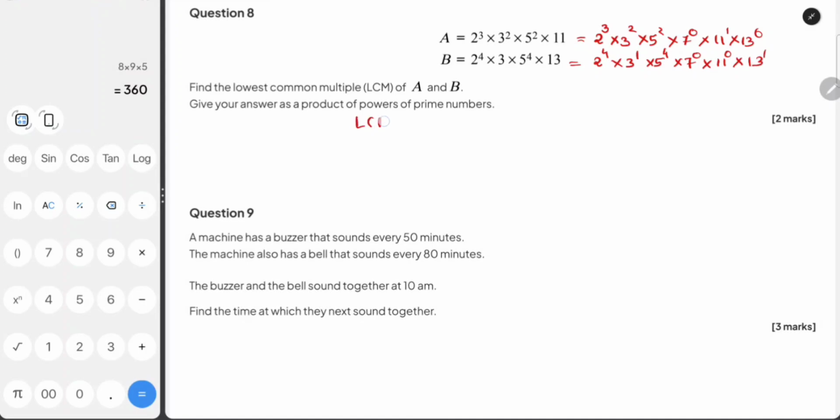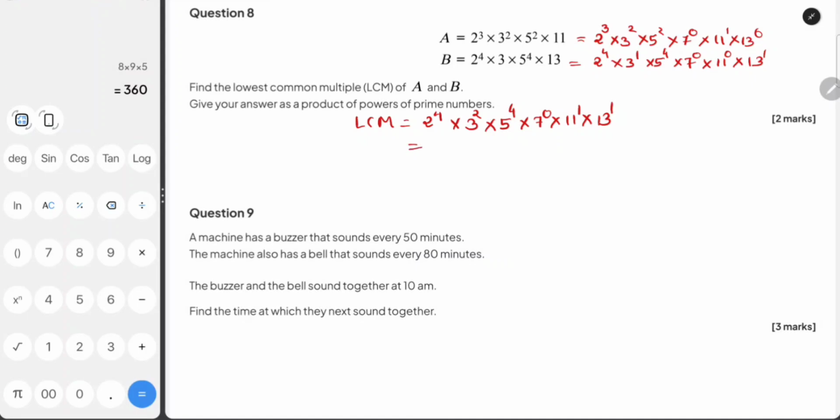Now for LCM we consider the highest power, so that's 2 raised to 4 into 3 raised to 2, 5 raised to 4, 7 raised to 0, 11 raised to 1, and 13 raised to 1.